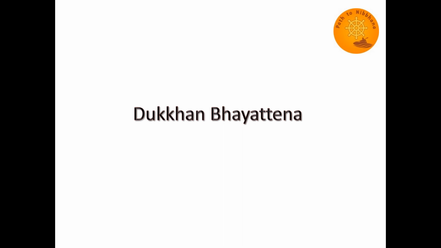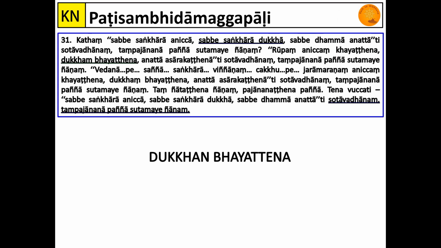Then we move on to the next one, which is Dukkham Bhayattena. We looked at the dukkha. Why? Because our mind gets corrupted by the raga, dvesha, moha, hence need to be scared. Again, we are just catching up on the same things that we looked at before.